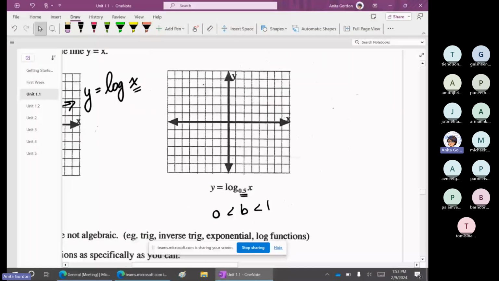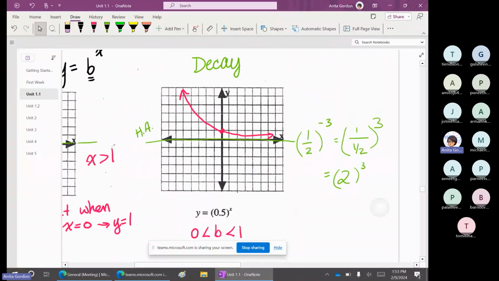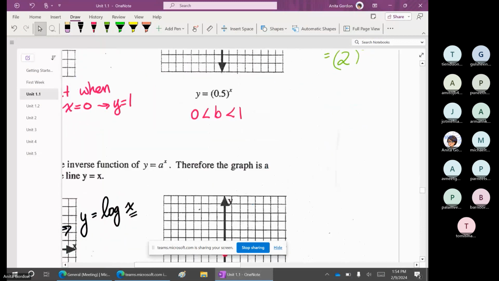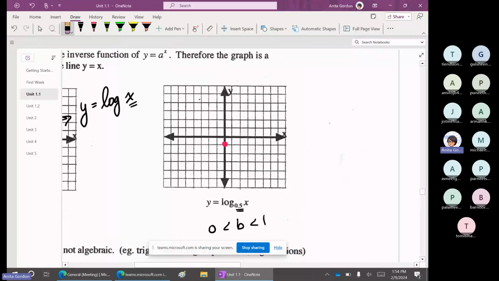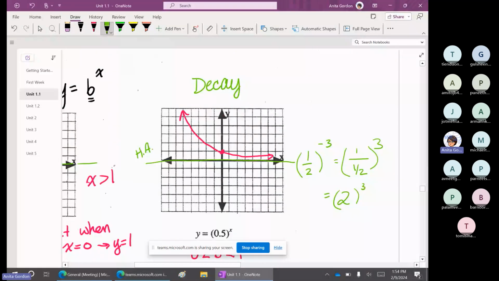This is a log of a fraction, so it should still be the reflection of this one. So where's my key point? And what direction am I going? Oh, sorry, I put that in the wrong spot. Negative. Hold on. Here we go. Here is the reflection.